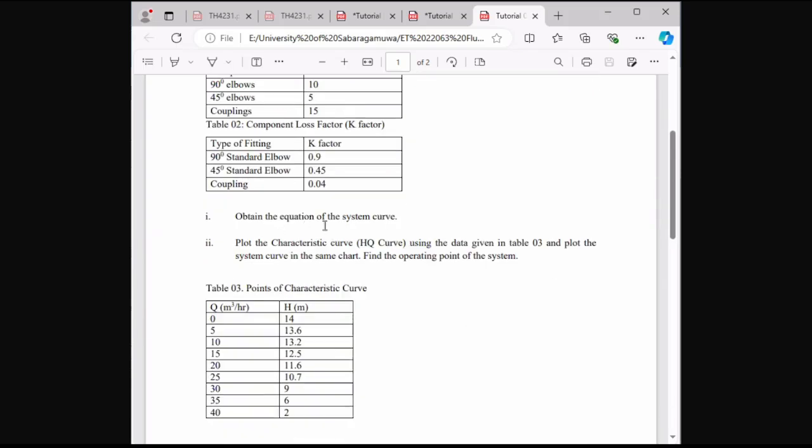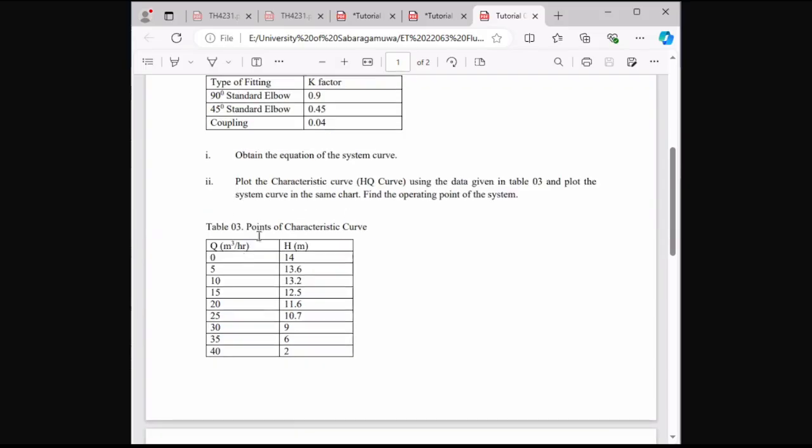Then obtain the equation of the system curve. You need to get H equal to something times Q squared. Using the total head equation, then plot the characteristic curve, head versus flow rate, using the data given in table number 3, and plot the system curve in the same chart.